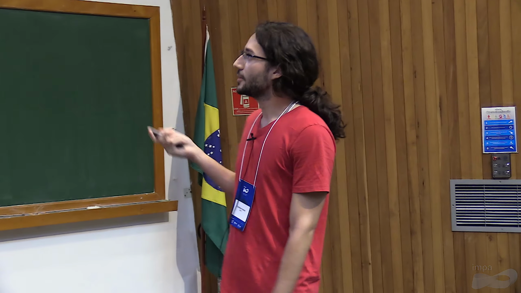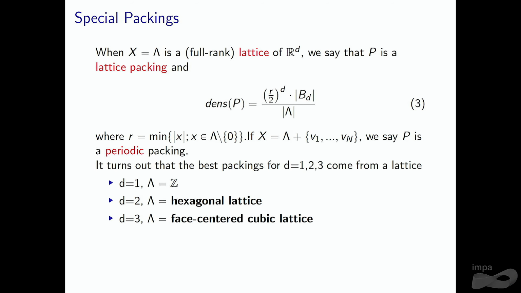And it turns out that the best packings in dimensions 1, 2, and 3 come from a lattice. Dimension 1, the lattice is the integers. Dimension 2, it's called the hexagonal lattice. Dimension 3, the face-centered cubic lattice.